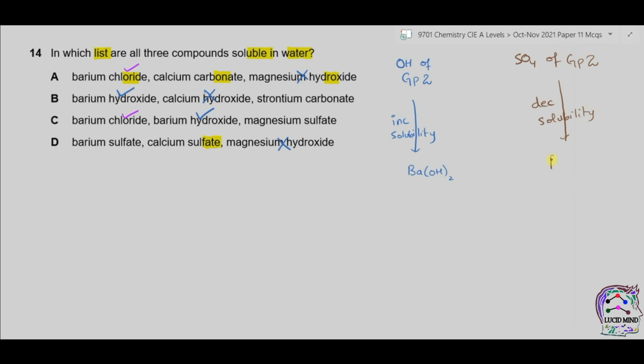So barium sulfate is least soluble. And magnesium sulfate will be soluble. Calcium carbonate is insoluble. Strontium carbonate is also insoluble. Correct option is therefore C.